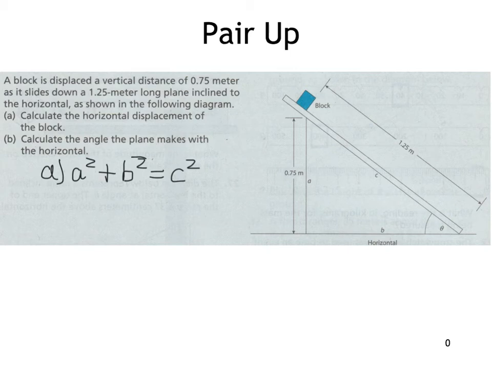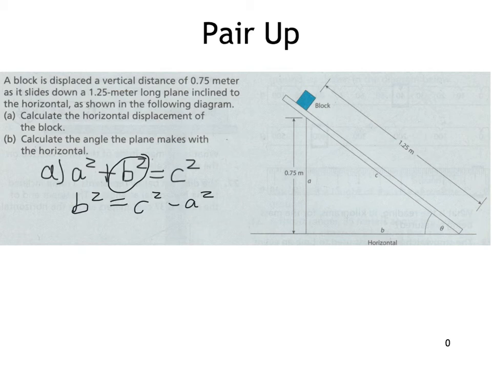I'm going to isolate b squared, and then finally I'll get the square out. So right now, b squared is being added to a squared, so I'm going to subtract a squared from both sides, and in my next iteration, I'm going to get b squared equals c squared minus a squared. So I just sort of moved the a squared to the other side.